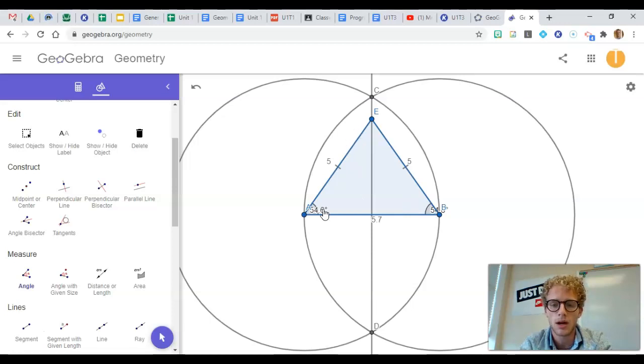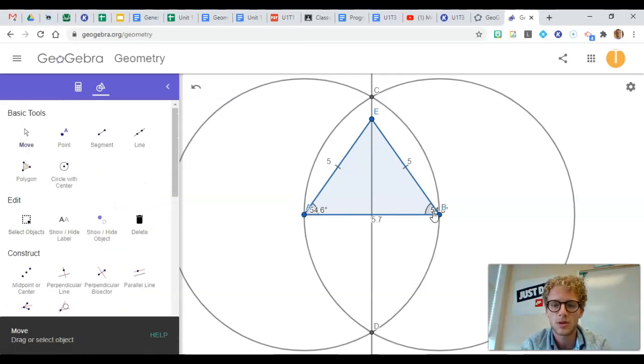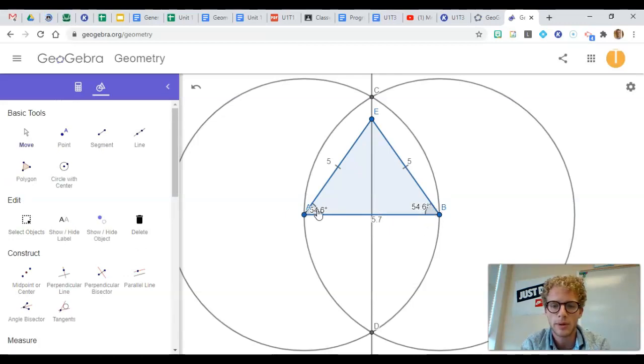Here, let's see. So the way you tell it's opposite, you got your angle and it points right at where it's going. This one points right at its opposite side. Move this over so you can see it a little bit better.